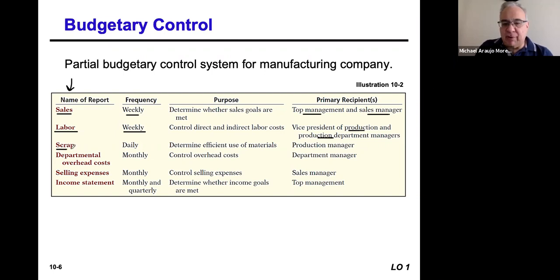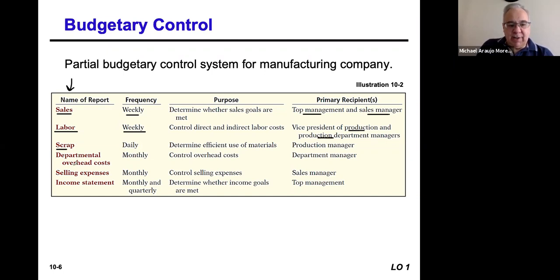Some materials are scrapped, and so how efficiently are you using things? That's going to be tracked very much daily. If I was a bakery, I would definitely want to know what's part of scrap. I mean, it's super important to keep track of various things.